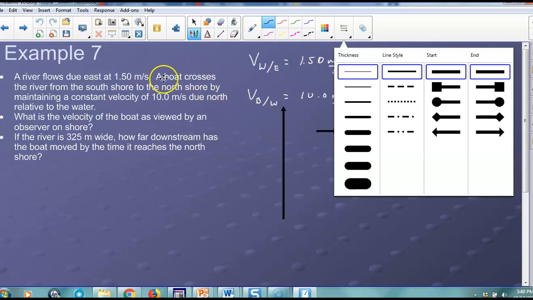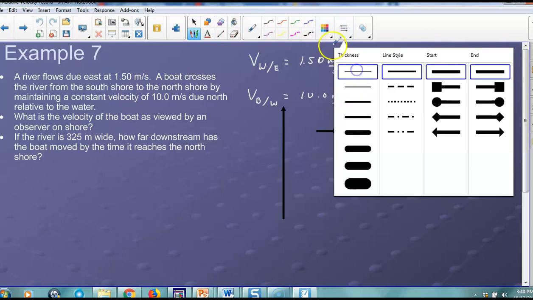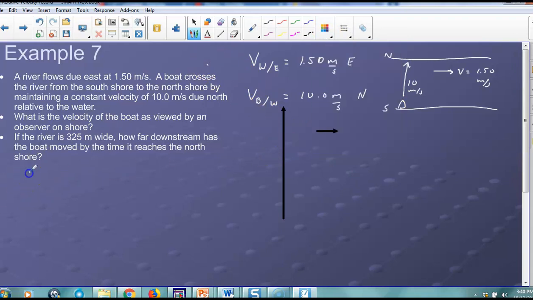The velocity across the river doesn't matter in terms of the velocity for the final solution, but the velocity across the river does matter for something, because to get our velocity downstream, which is going to be water to earth, which is this one, 1.50 meters per second.